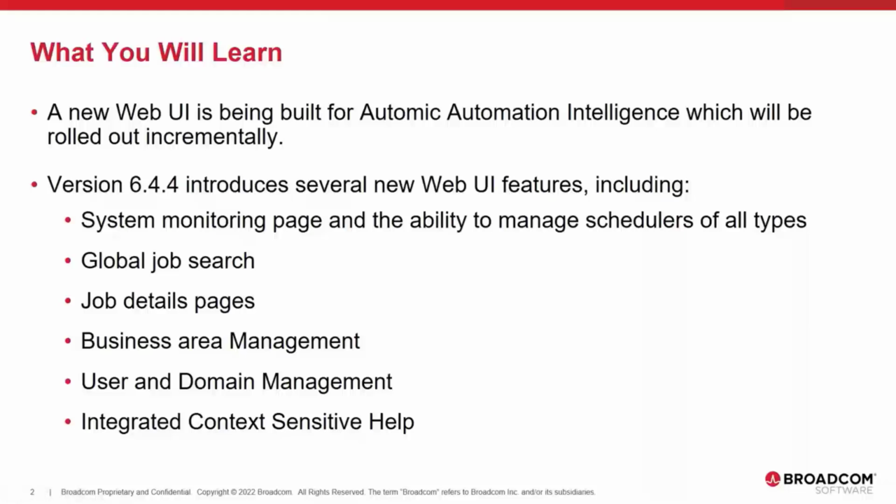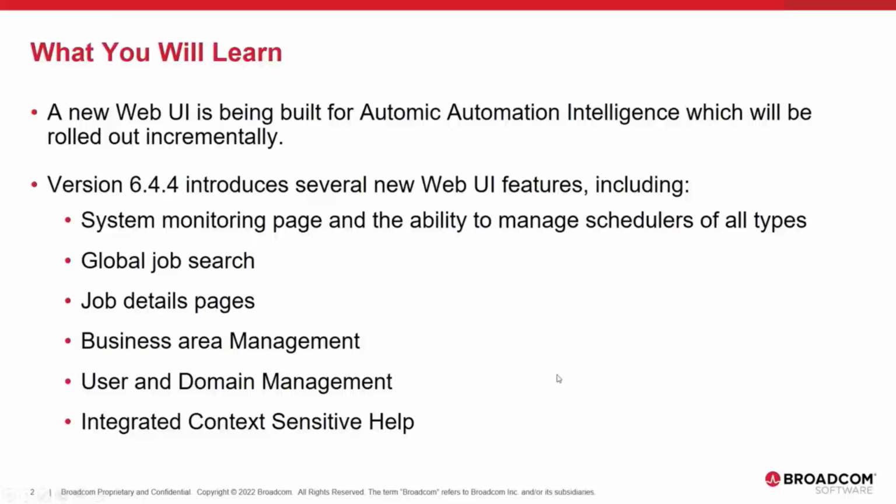These include the system monitoring page, which will give you a view of the overall health and status of your AAI server and the schedulers that are connected to it. We'll also take a look at the new global job search functionality, the job details page, which will give you a view of everything that we know about your individual jobs, as well as some administrative functionality, such as business area management and user and domain management.